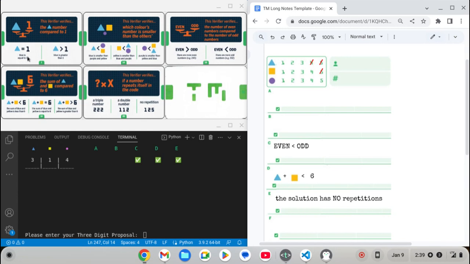If triangle is 1, does that automatically... Yeah, I think you can say that if triangle were 1, this card would be irrelevant. Because this card is telling you there absolutely has to be something small, right? Smaller than the other two. So if you pick triangle 1, there's nothing smaller than 1.